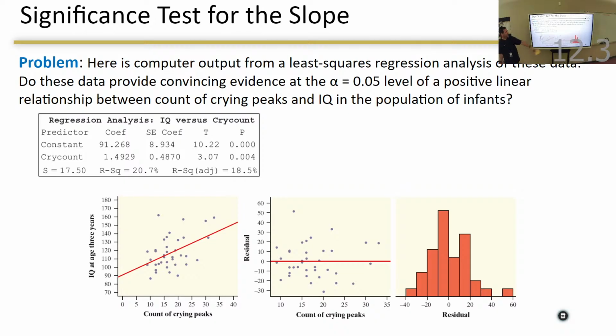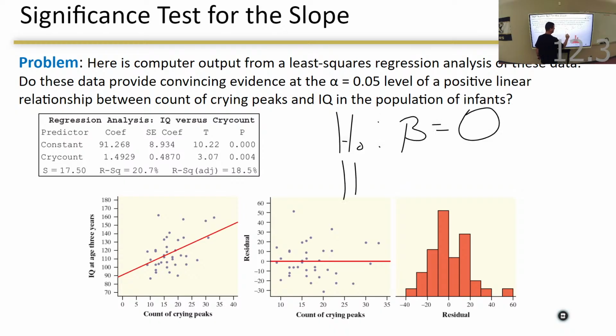Do these data provide convincing evidence of a positive linear relationship? I could see them asking you to write the hypotheses for this, or multiple choice: which of the following is the hypotheses for this? Your hypotheses: H0, beta equals 0.